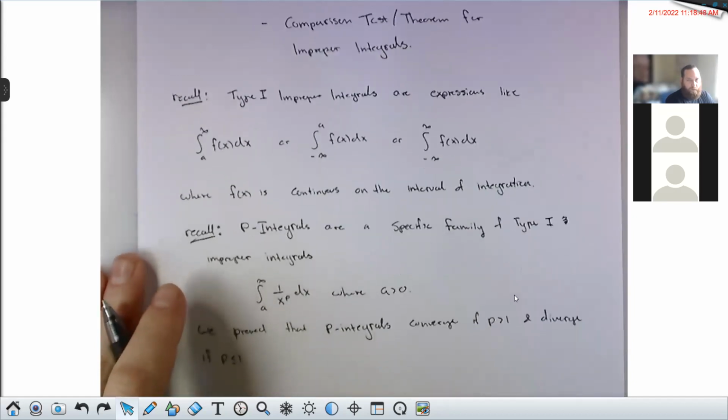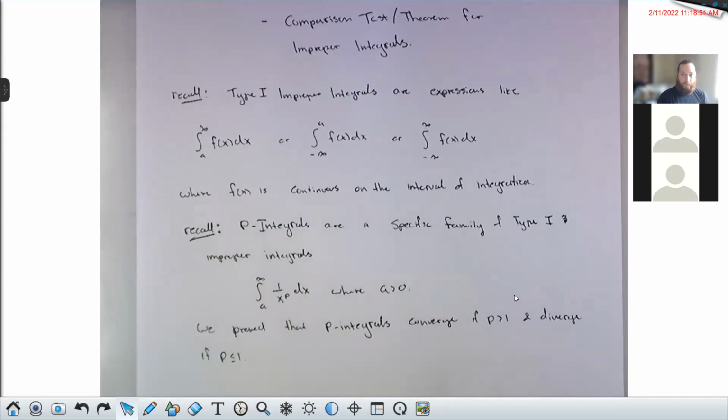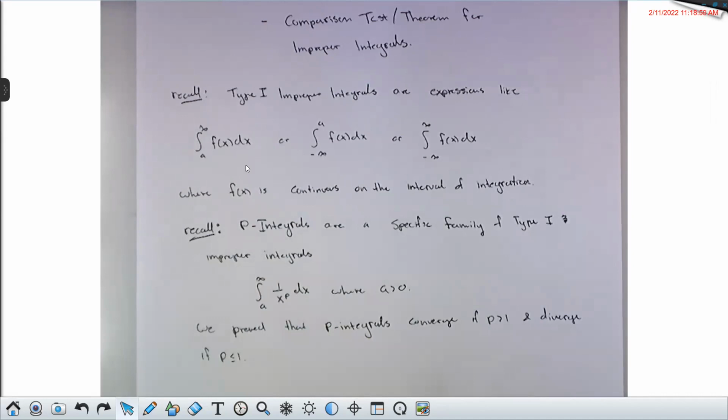Okay. So just the highlights from last time, because we're going to refer back to these things quite a bit today, and actually for several weeks to come. Any questions about what makes a type 1 improper integral, or what a p integral is and when they converge?